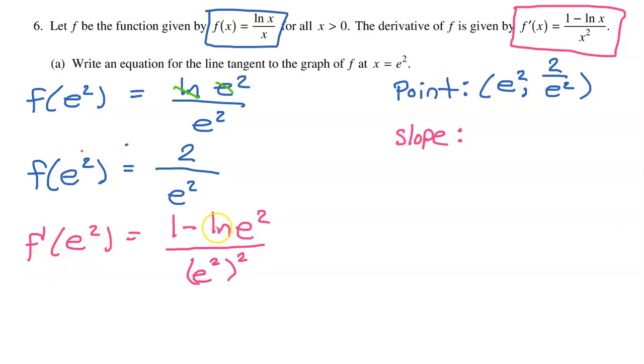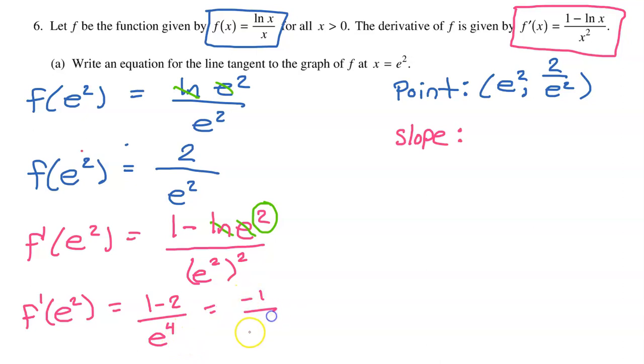But as I mentioned a moment ago, natural log and base e cancel each other out. So we will just have 2, or rather 1 minus 2. e squared squared is e to the 4th power. So we end up with negative 1 over e to the 4th power. This is the slope of the tangent line at e squared.